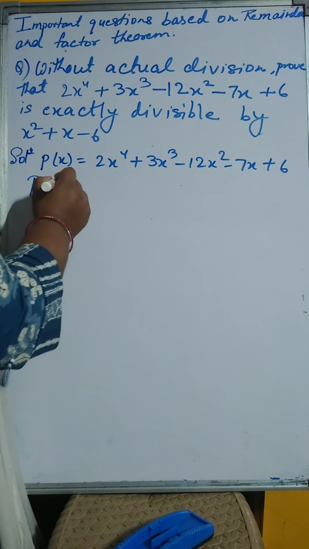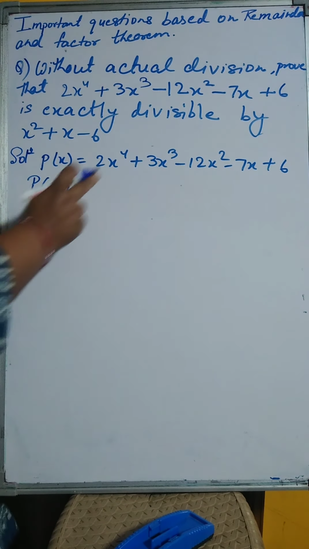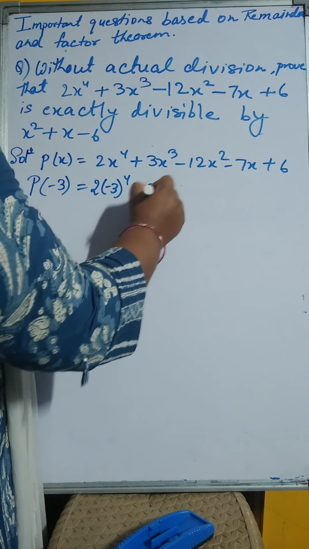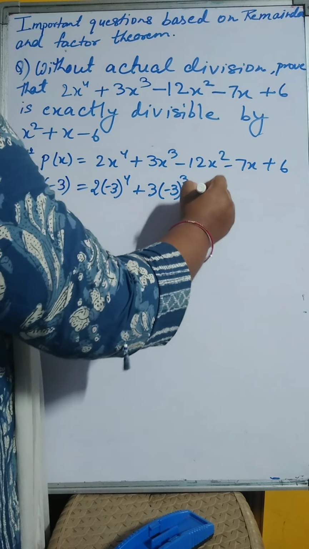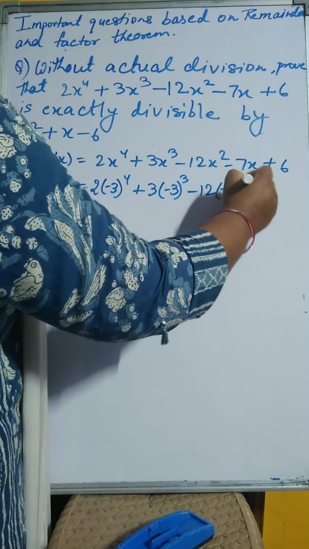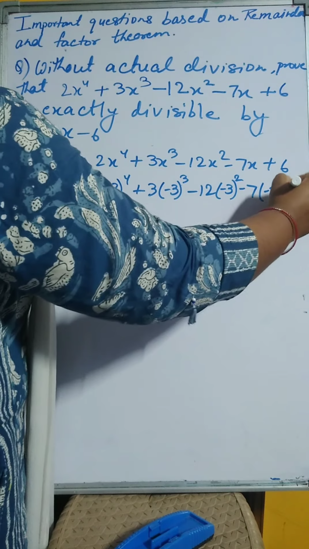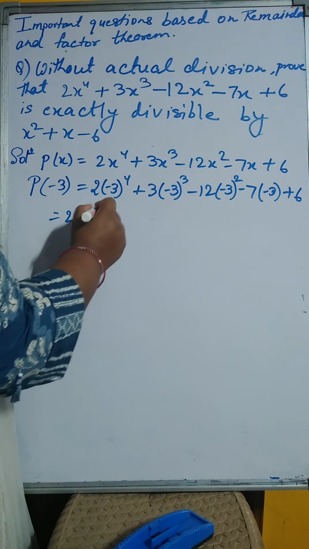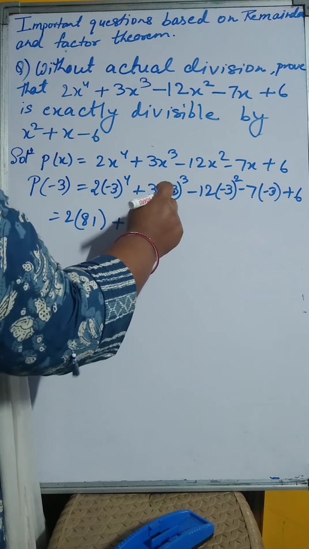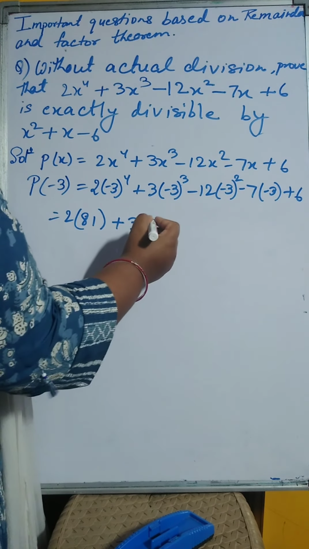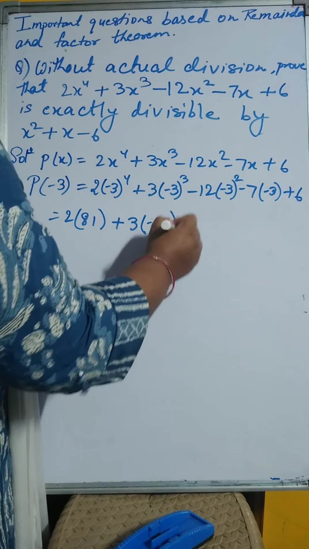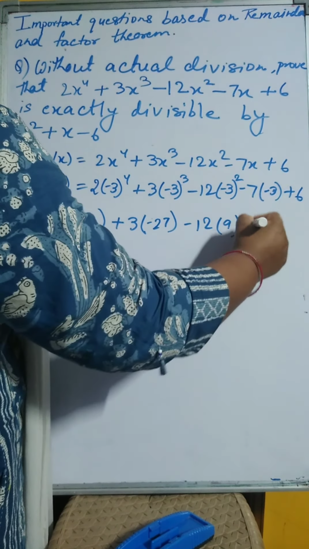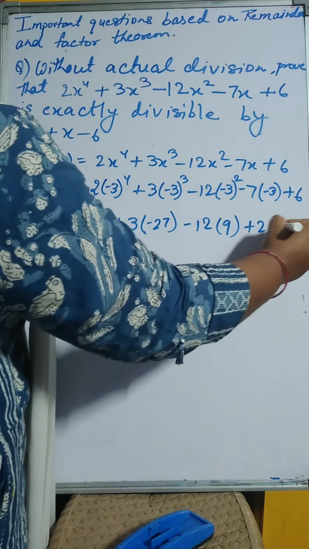Now let us calculate p(-3). For that, at the place of x we will put -3: 2(-3)^4 + 3(-3)^3 - 12(-3)^2 - 7(-3) + 6. Calculate: (-3)^4 is 81, so 2 times 81 is 162, plus 3 times (-3)^3, which is -27, so -81. Minus 12 times (-3)^2, which is 9, so -108, and minus minus is plus 21, plus 6.